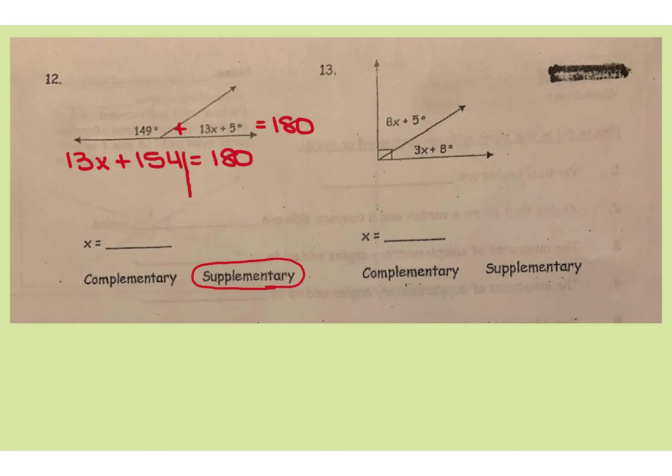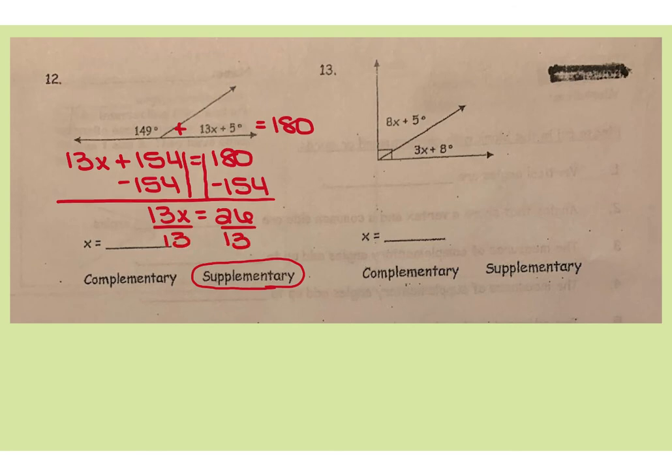Okay, subtract the 154. That gives us 13x equals 26. We'll divide the 13 out. And x is 2. Very good.